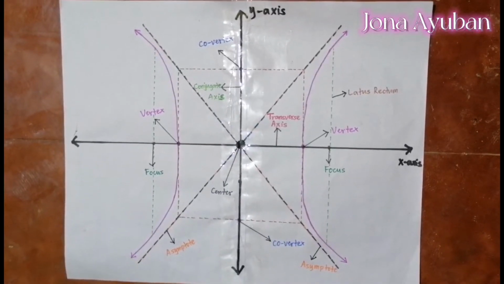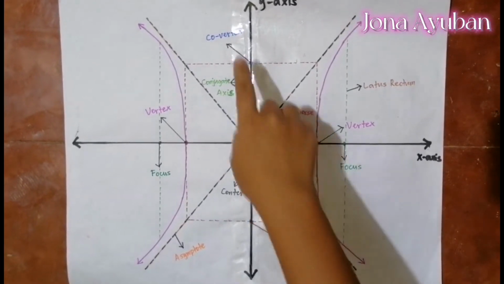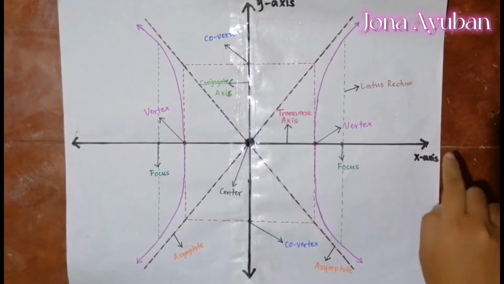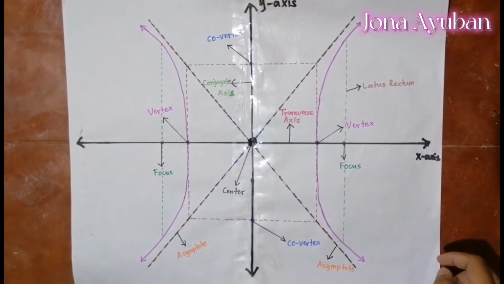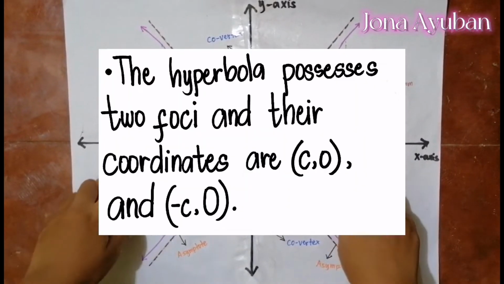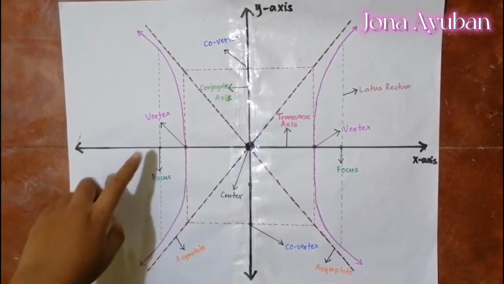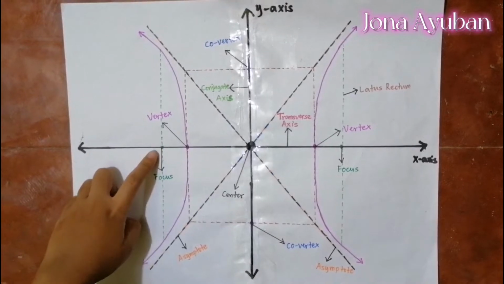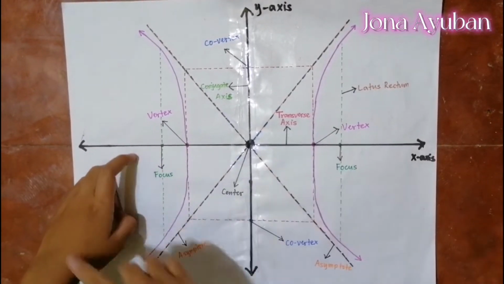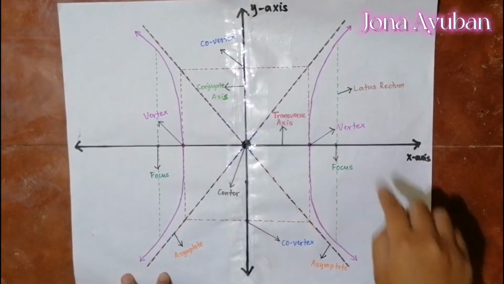demonstration. A hyperbola holds two axes of symmetry, and these are the transverse axis and the conjugate axis. It also possesses two foci and the coordinates are (c, 0) and (negative c, 0). The first focus we can see in this part since the transverse axis is horizontal, while the second focus is in this part.